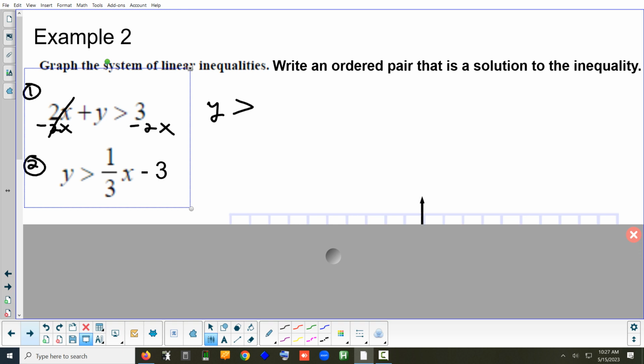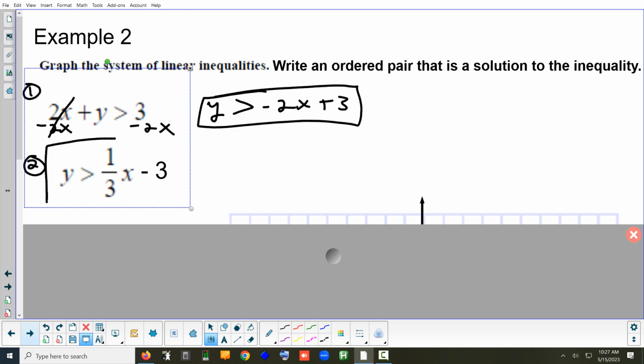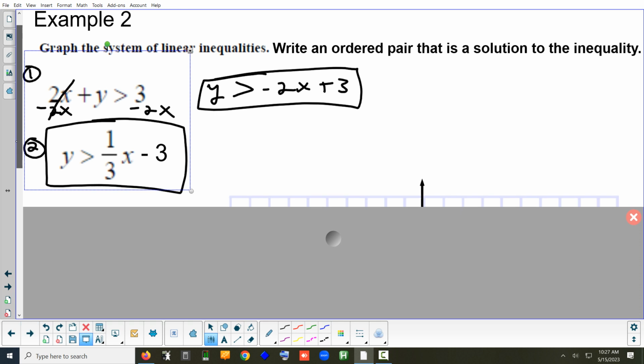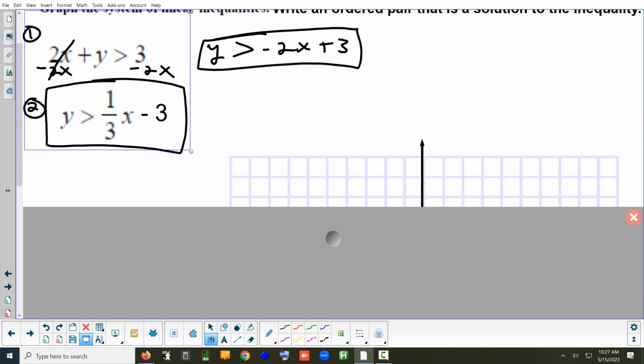Because remember, we want to have it like mx plus b. Negative 2x plus 3. Yep. So negative 2x plus 3. So we want to use that one and that one. No special cases this time. So we're going to have 2 lines on diagonals, and we're going to see where they cross.